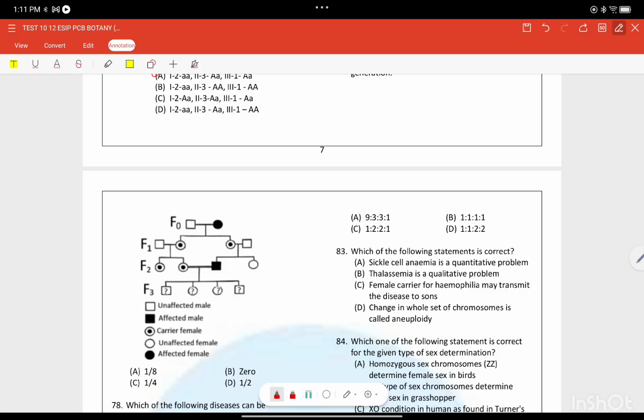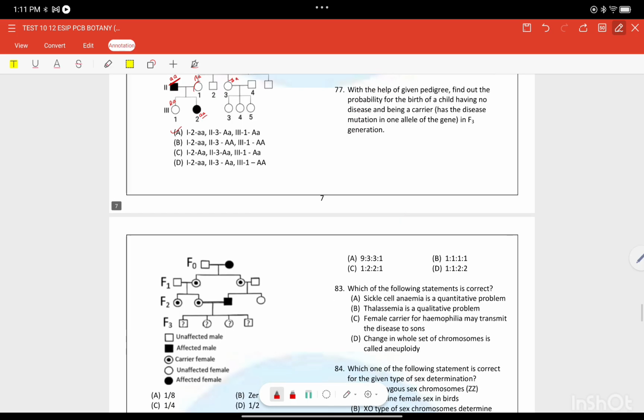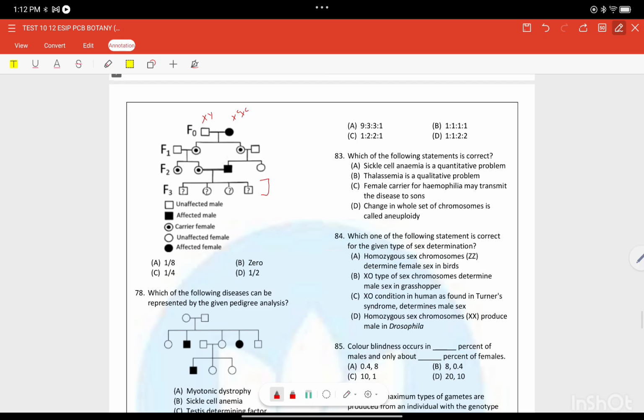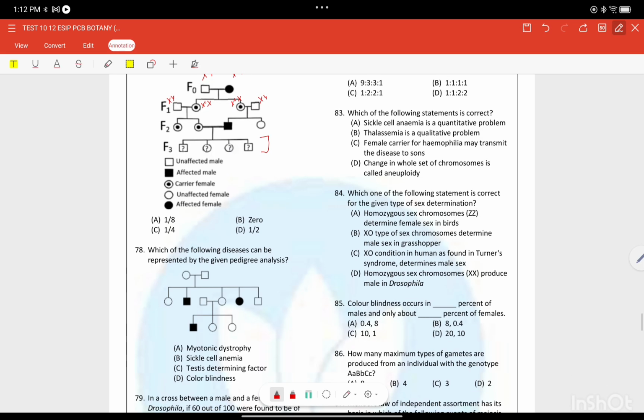So we have to find for the F3 generation. This is an X-linked recessive trait.